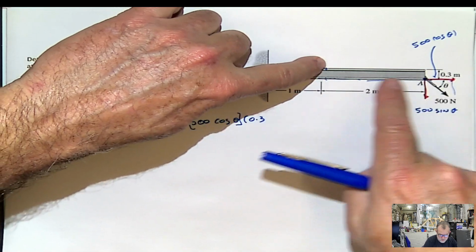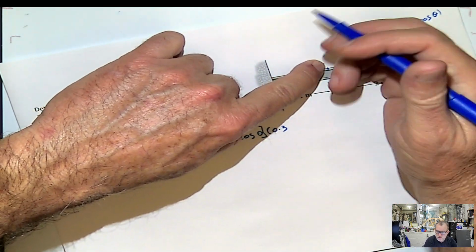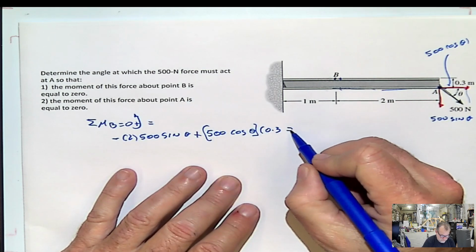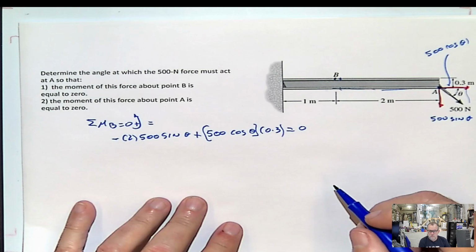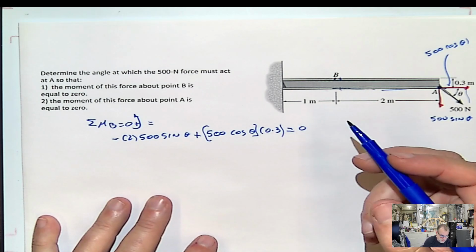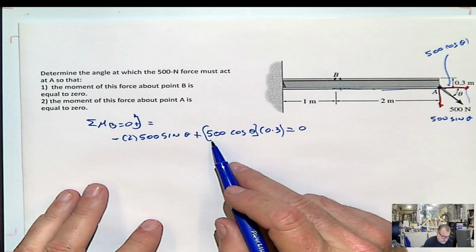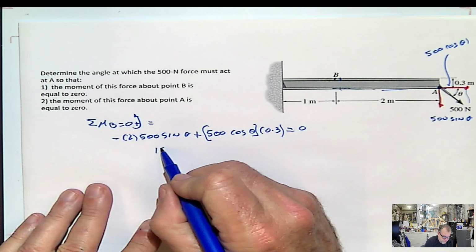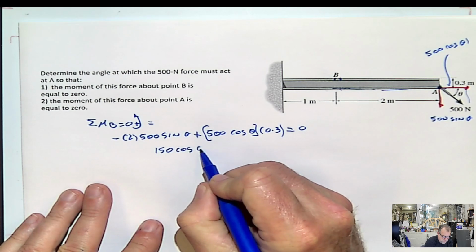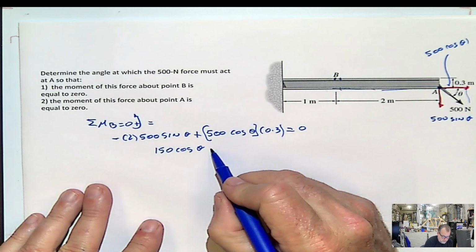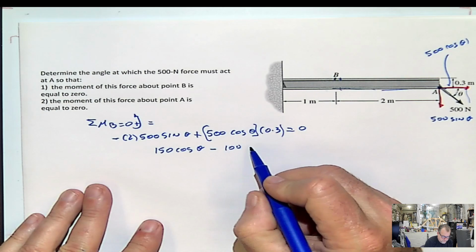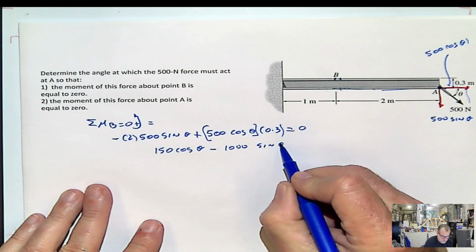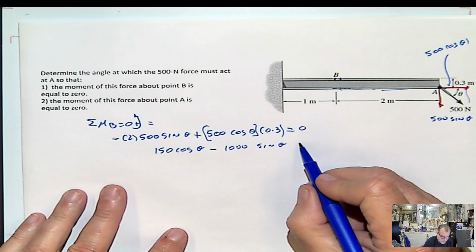If you apply the force in this direction, the rotation is going to be counterclockwise, meaning positive according to our convention. And now you just group these things correctly. I mean, you can say 500 times 0.3 is 150 cosine of the angle, and minus 1000 sine of the angle, and that has to be equal to 0.